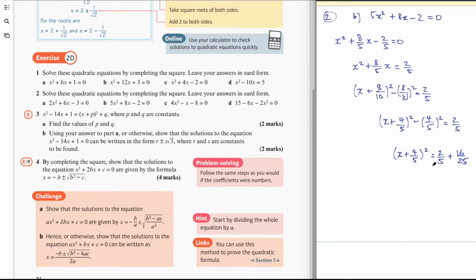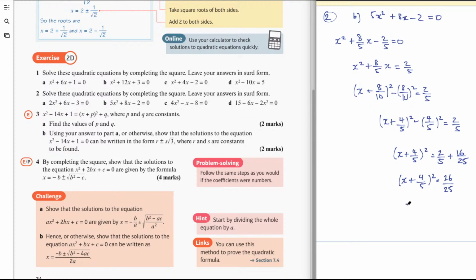And then we could multiply this fraction by 5, so it has the same denominator. This will be 10 plus 16. So we get x plus 4 on 5 all squared equal to 26 on 25. 10 plus 16 is 26.